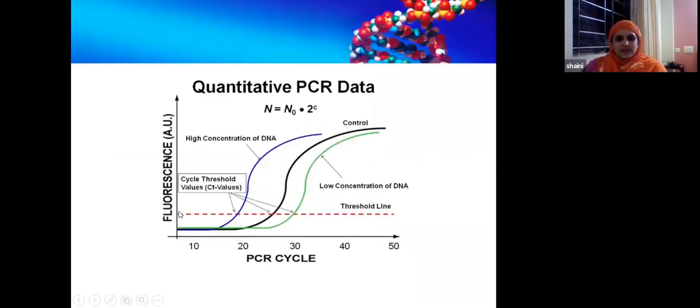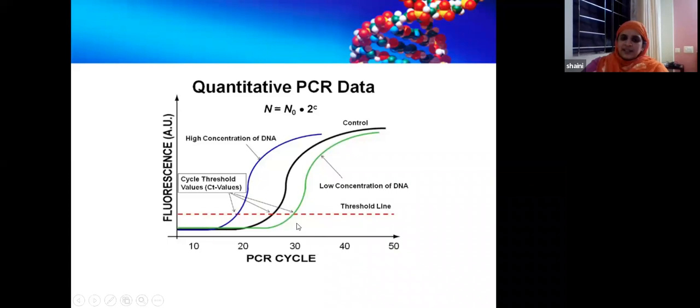Now this is just comparing two DNA samples. This is a control. This is a threshold line. Now, this blue sample crossed the threshold level after close to 20 cycles, so this has higher viral DNA or higher DNA content.